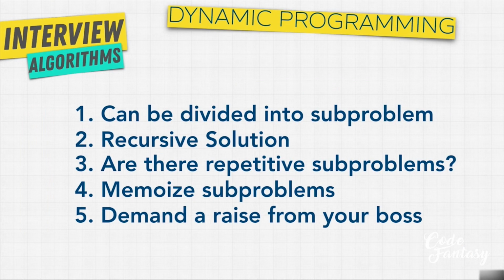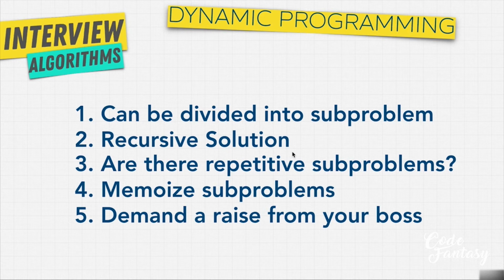And these are the steps that I like to follow to see if a problem can use dynamic programming to optimize it. We first ask, can the problem be divided into subproblems? That is, is it a tree-like structure where each problem is broken down into smaller problems, into smaller problems, into smaller problems, which usually indicates a recursive solution?